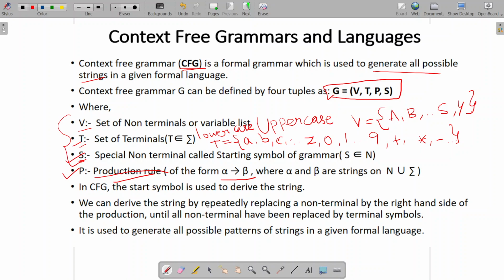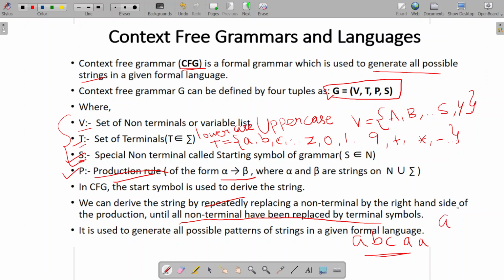So we can derive a string by repeatedly replacing a non-terminal by the right-hand side of a production rule until all non-terminals have been replaced by terminal symbols. It means my derived string should contain a, b, c or aa like that. It must consist purely of lowercase letters, that is, terminal symbols.